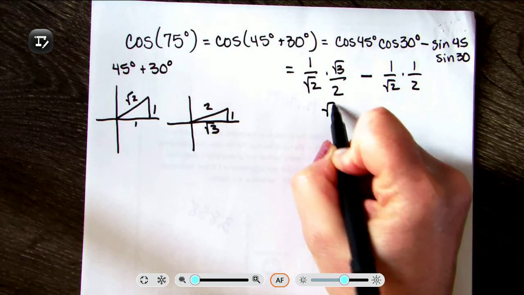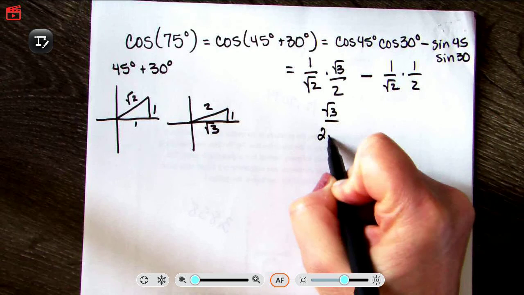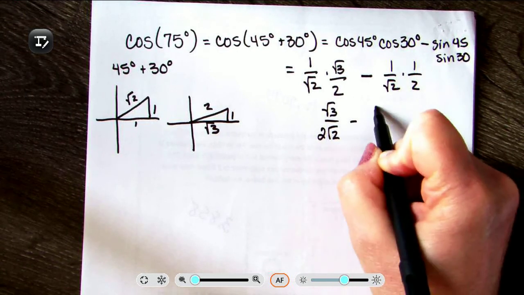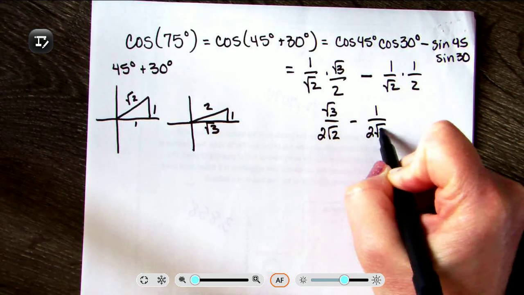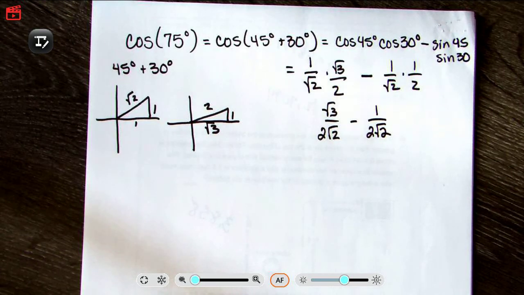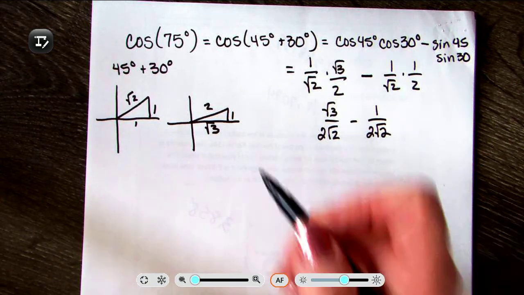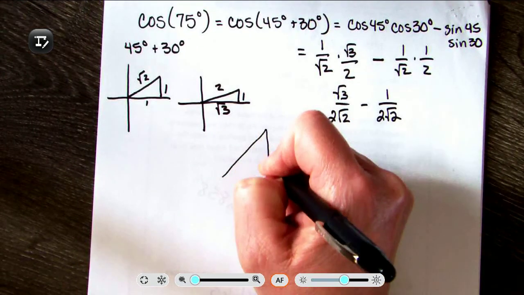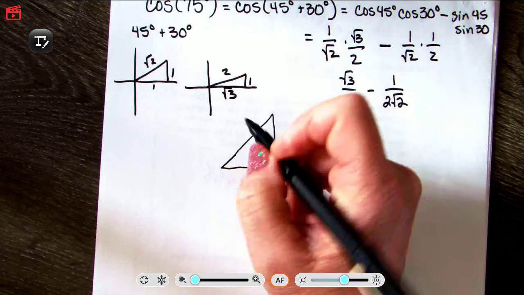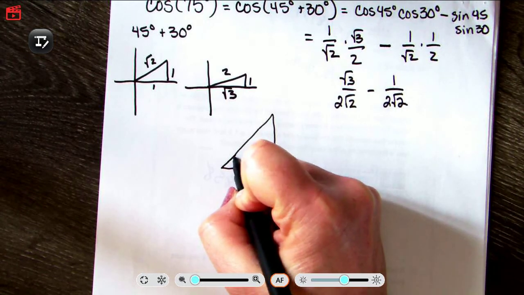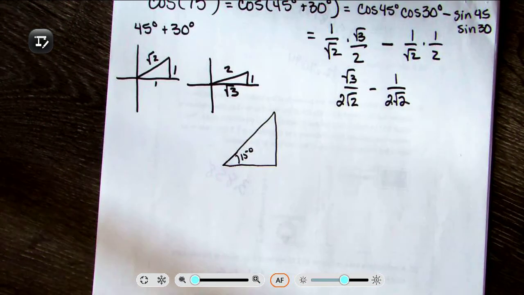Wow, this looks very familiar. It is exactly the same as before, and that should not bother you much, because in the previous problem we did 15 degrees, right?